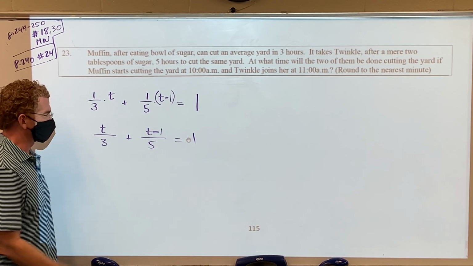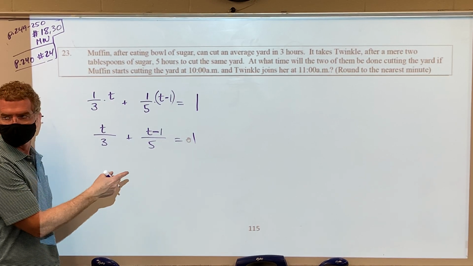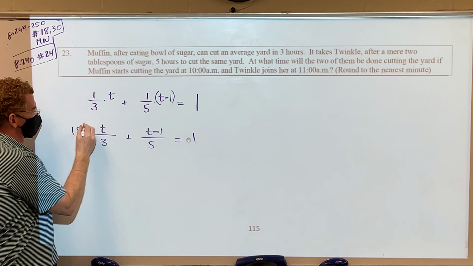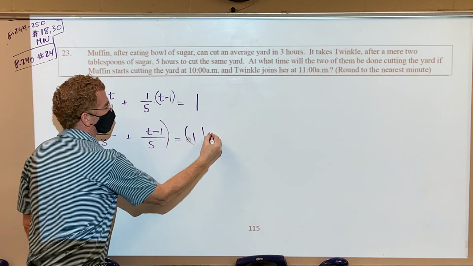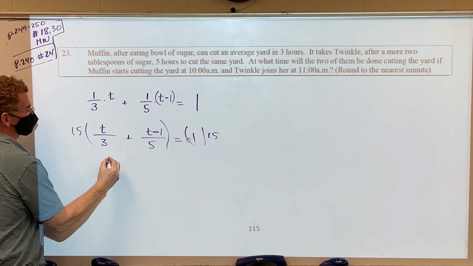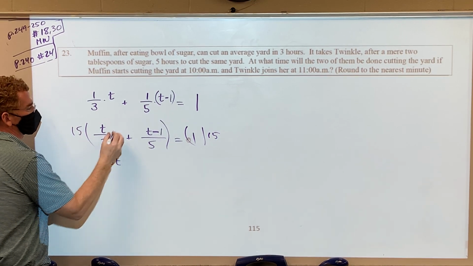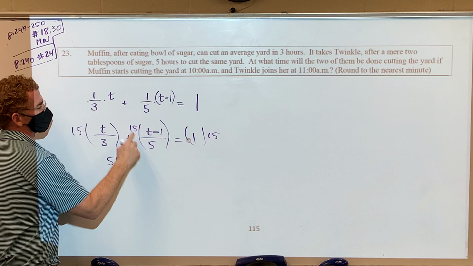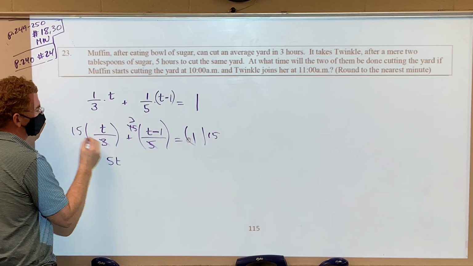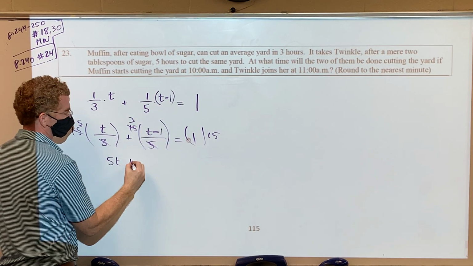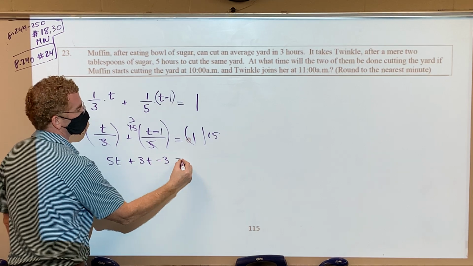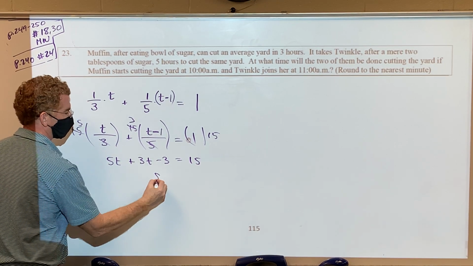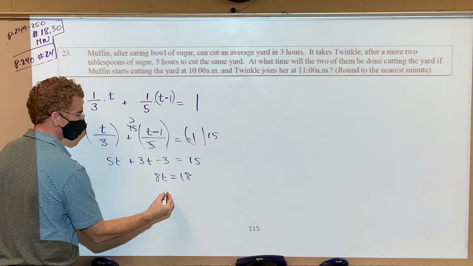All right? So what would you do to multiply, to solve this? 15 on the left, 15 on the right. So cancel, cancel, 5t. Cancel, cancel when you distribute that in. 3. All right? And then 3t minus 3. So 8t equals 18.